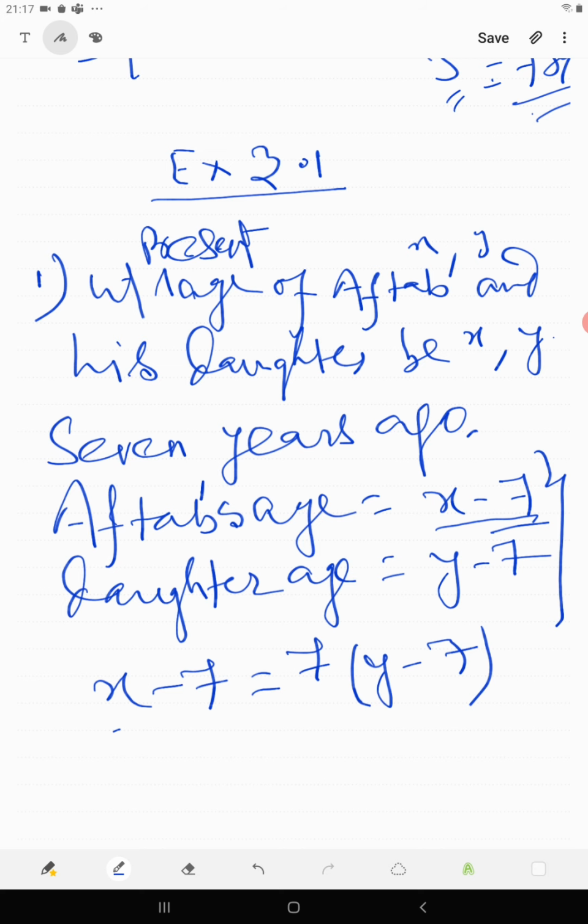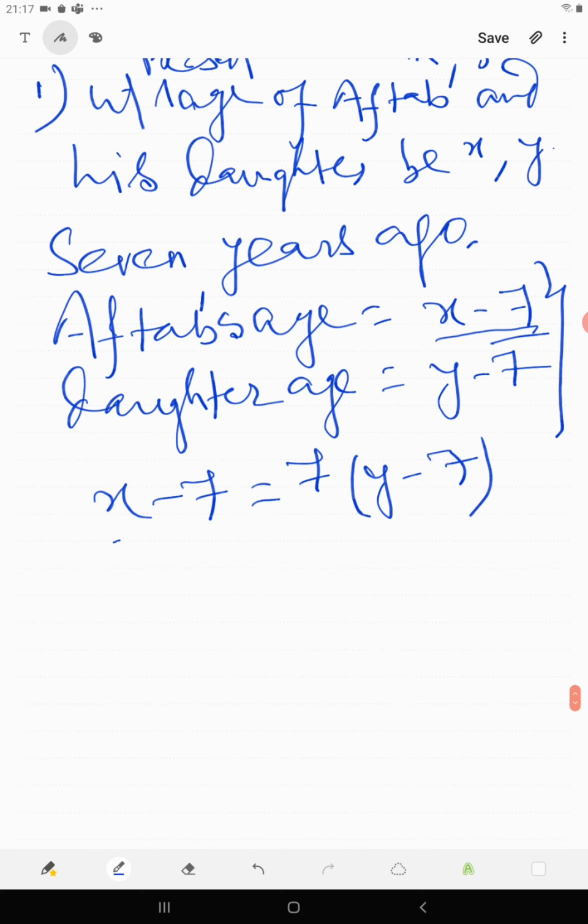So let's stop over here and first finish this. We are not reading further, we will come to the next section later on. First represent this as an equation. X minus 7 equals, now 7 will be multiplied with Y, so 7Y, and then 7 will be multiplied with minus 7, that is minus 49.